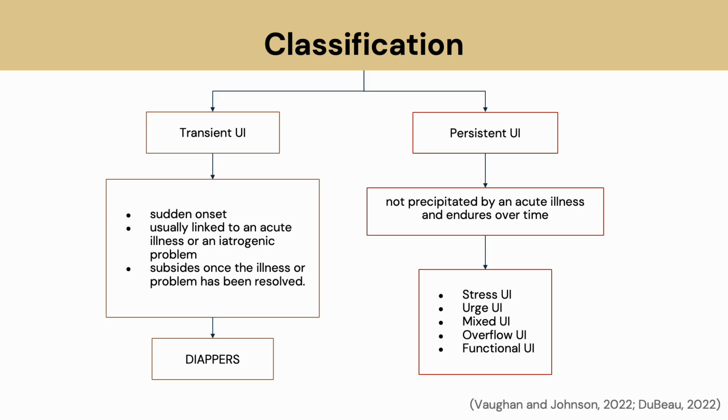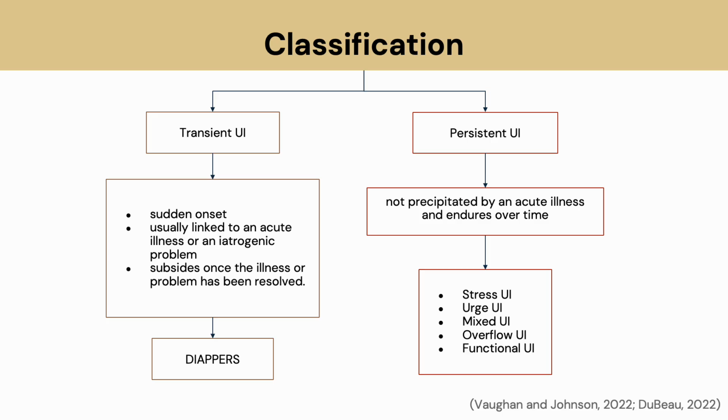To help remember the common reversible causes, we use the mnemonic DIAPERS, which we will go through on the next slide. In contrast, persistent UI is a chronic condition that persists over time and reflects an underlying abnormality of the lower urinary tract, the nervous system, or the patient's functional status.